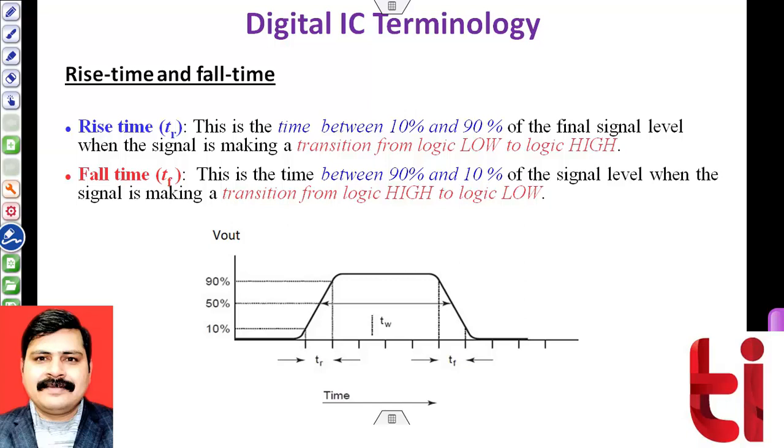On the reverse side, the amount of time taken from the 90% level to reach the 10% level, while moving from high level to low level, is known as the fall time.